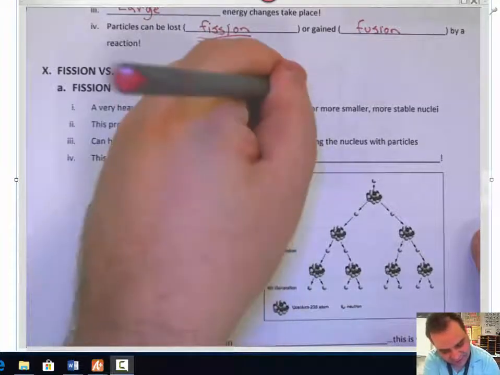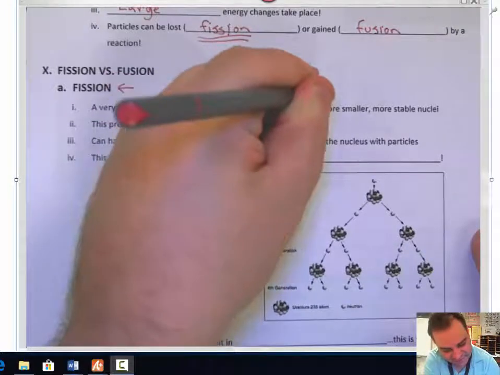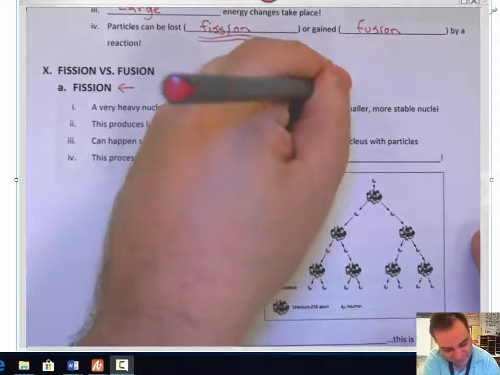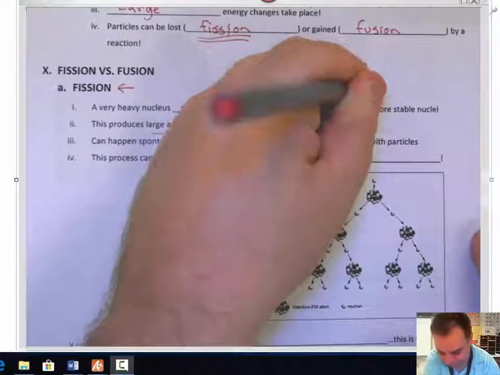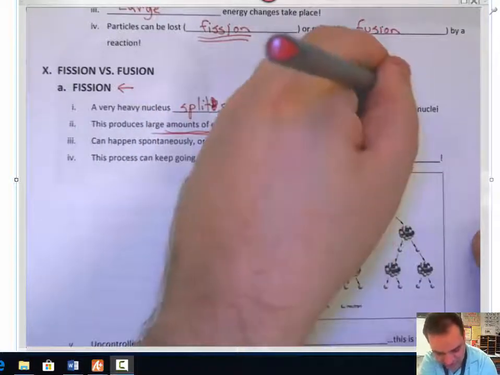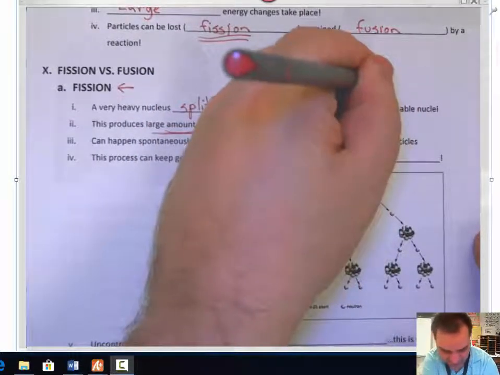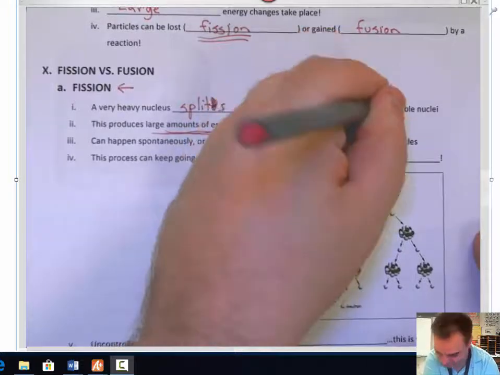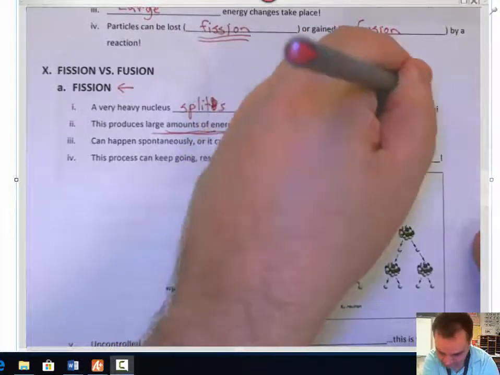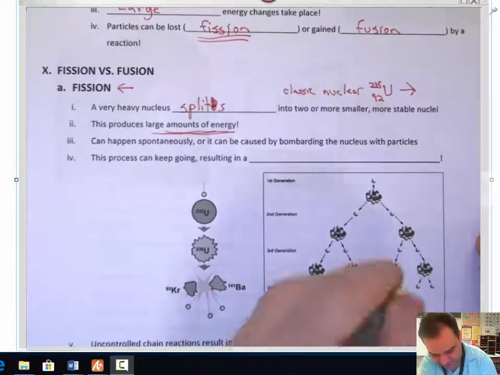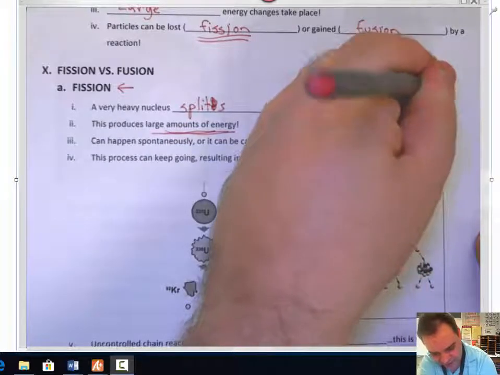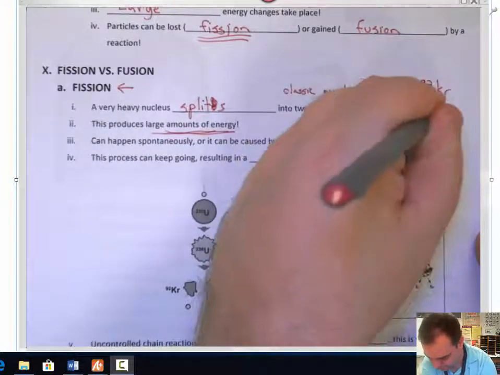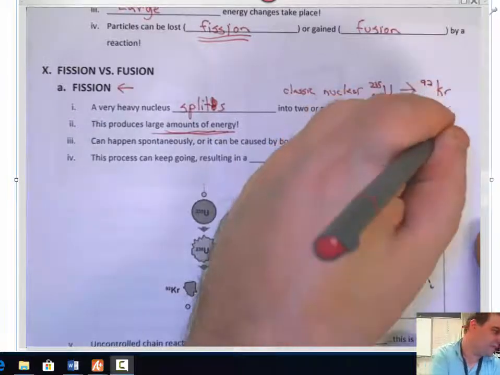The classic reaction that we will ask you about is usually they take uranium 235, 92, and they are going to split it apart into krypton 92, I think that's element 36.